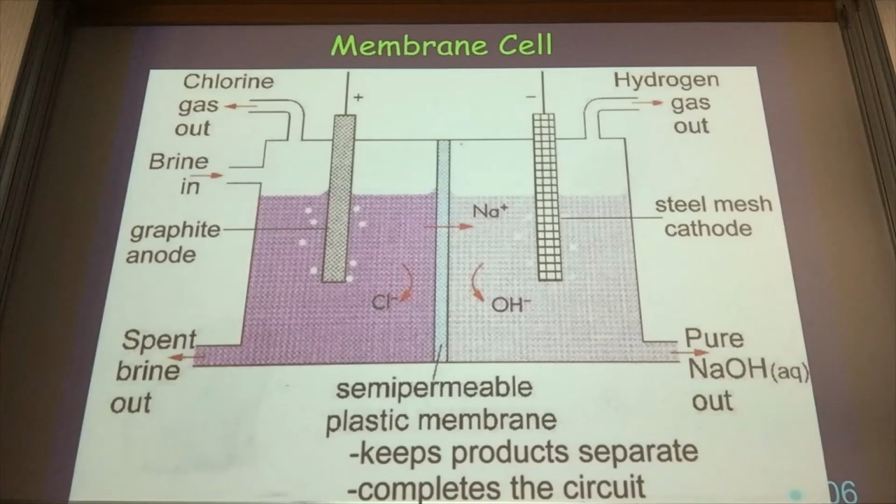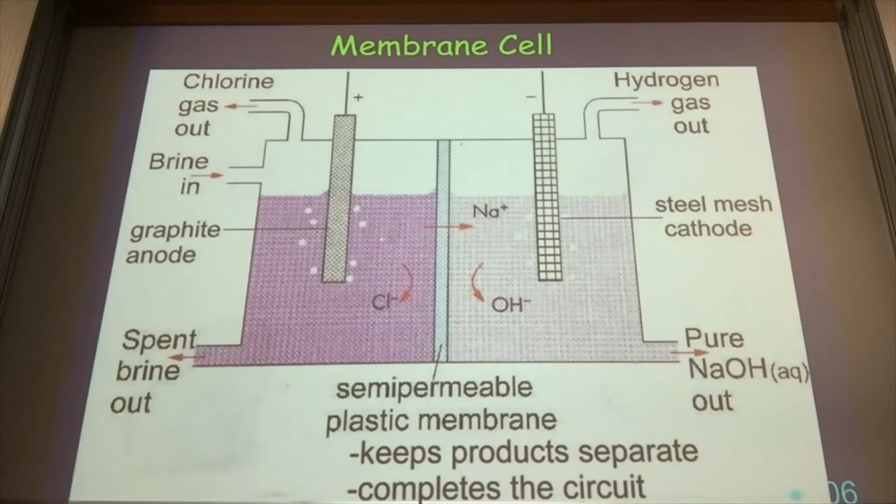Again, it's the products which need to be kept apart. So the hydrogen gas and the chlorine gas have to be kept apart, and that's one of the functions of the semi-permeable membrane. It allows ions to flow to complete the circuit, like in a salt bridge, but it keeps the products separated.